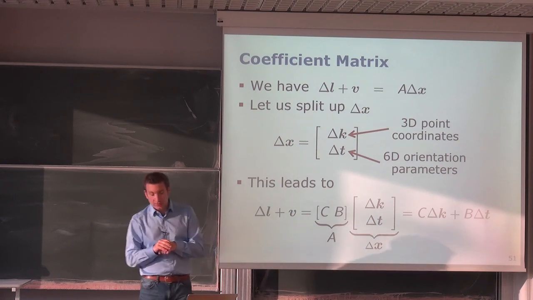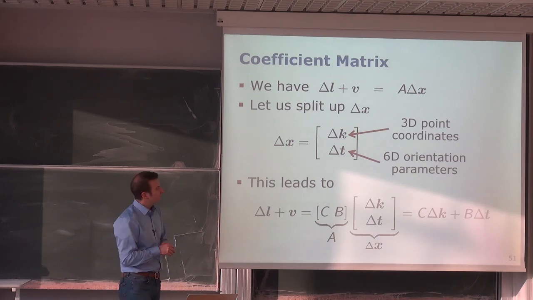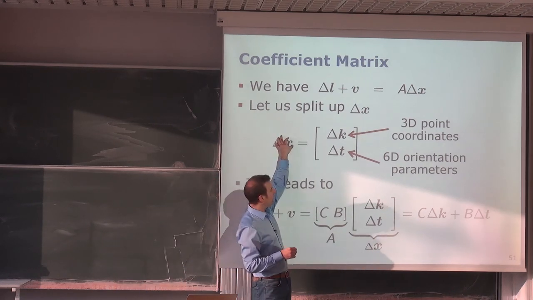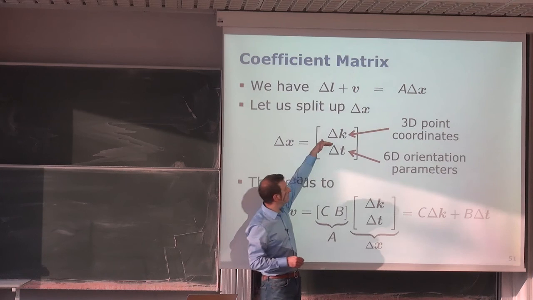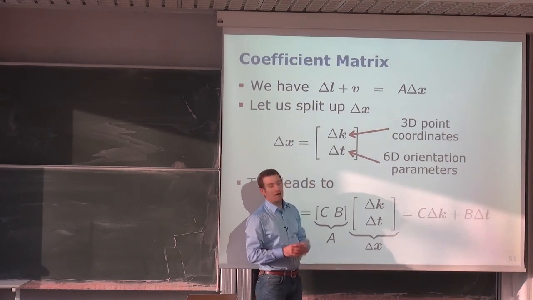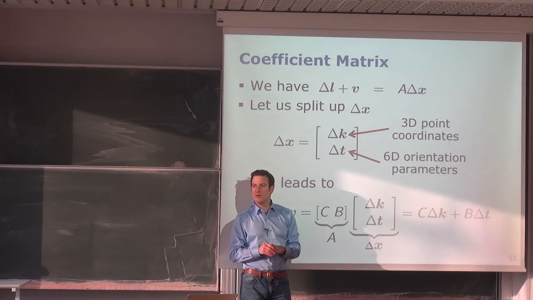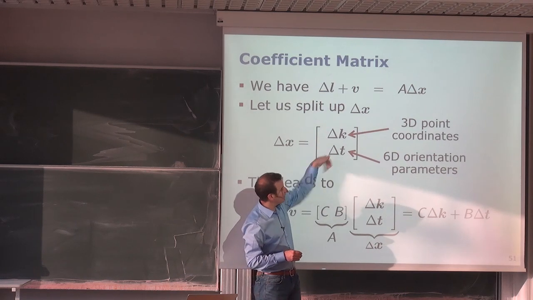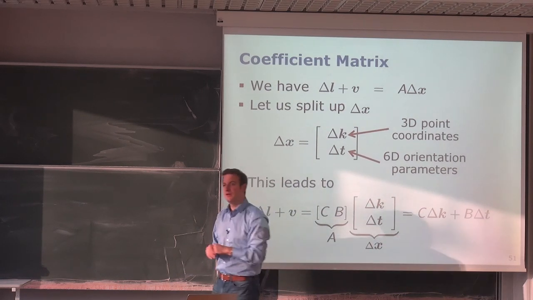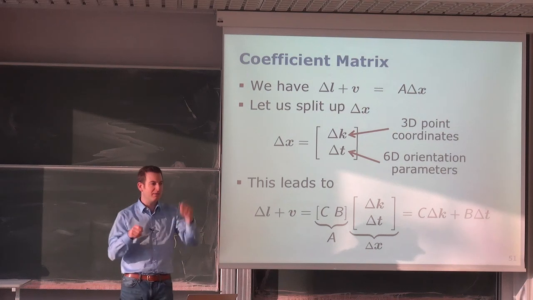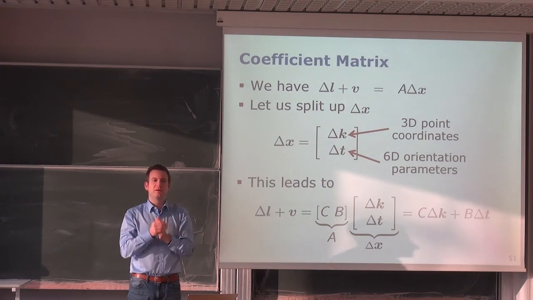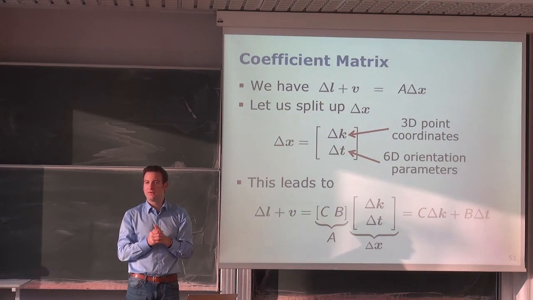So I propose a slightly different way. We split up our vector of unknowns into 2 vectors. One are the 3D point coordinates of our points, and the second part of the vector consists of the orientation parameters of my camera. I'm basically just sorting my vector of unknowns.